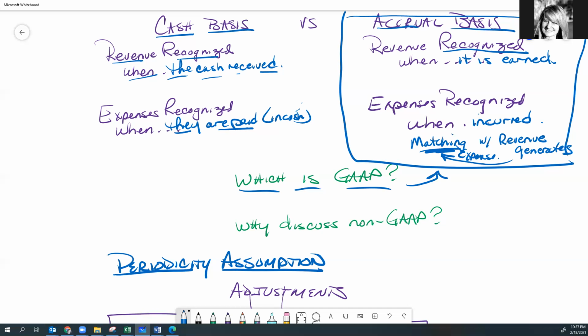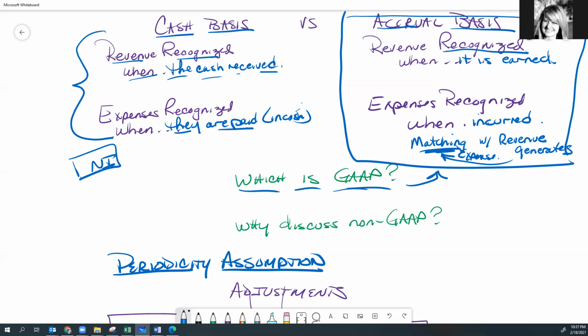One of the reasons that the accrual basis is our GAAP, generally accepted accounting principles, is that it's much less susceptible to manipulation. If we can manipulate when we receive cash or when we use our cash to pay a bill, we can manipulate our revenue and our expenses and therefore our net income. So the FASB doesn't like that.